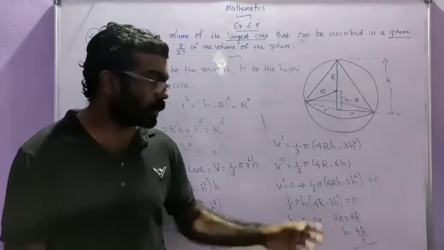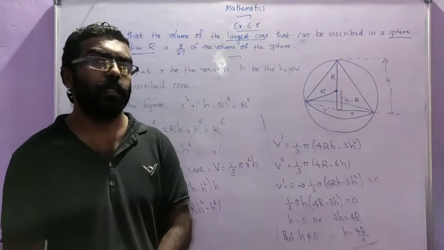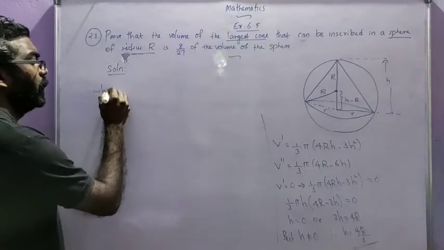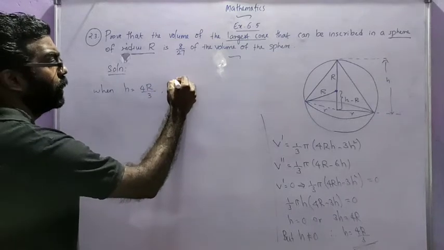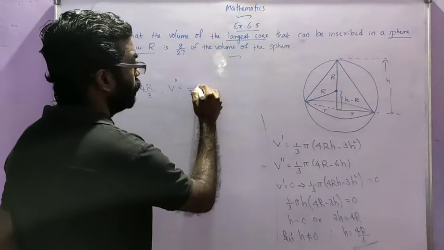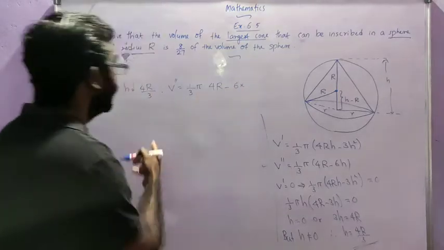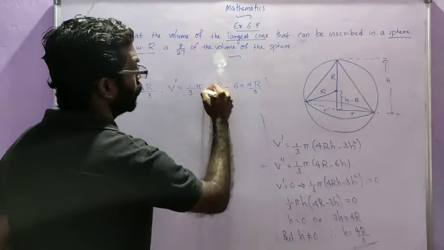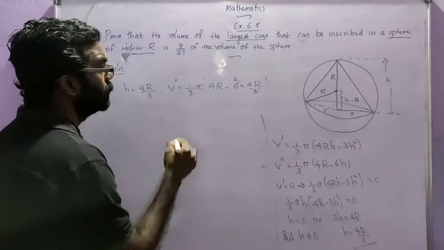Now we have to check the sign of V double dash when h is equal to 4R by 3. V double dash is equal to 1 by 3 pi into (4R minus 6 into h). h is 4R by 3. So 6 into 4R divided by 3. Can cancel these two values. 2 threes are 6.